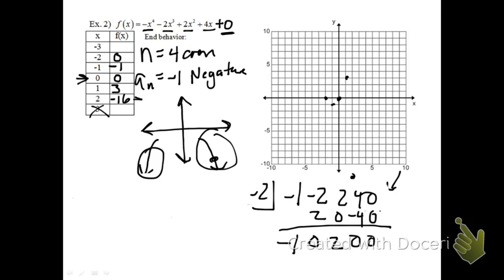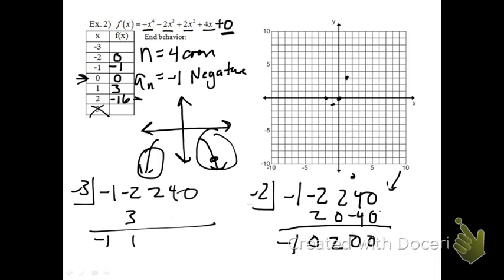Let's try -3. If I do, I get -1, -2, 2, 4, 0. Synthetic substitute, multiply, you get +3, add, you get 1, multiply -3, add -1, multiply 3, add, you get 12, multiply, you get -36.